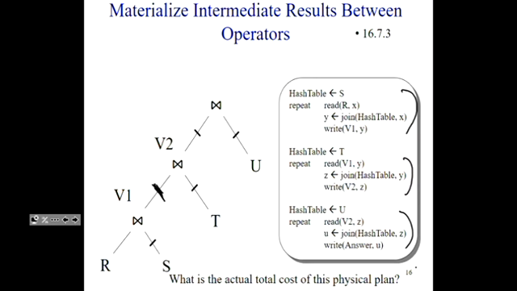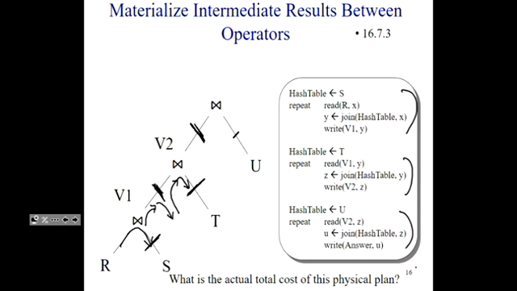The way to think about this is, for S you create a hash table, you use R to probe this hash table, you generate the results, and then you write out the results to disk, and then you read these results back into memory. In the meanwhile, you would have created a hash table with T. You probe this hash table with tuples of this intermediate result.